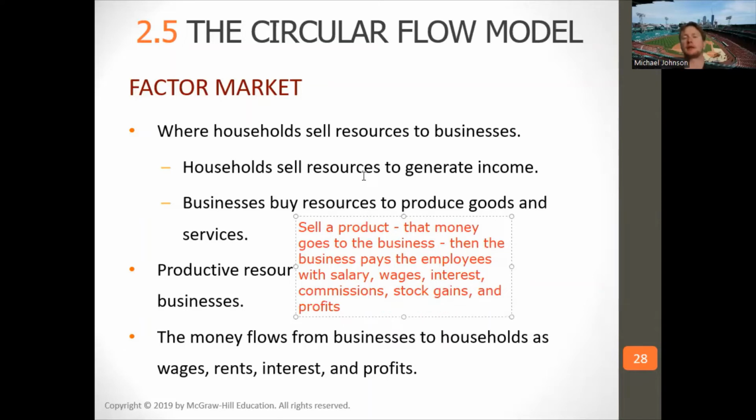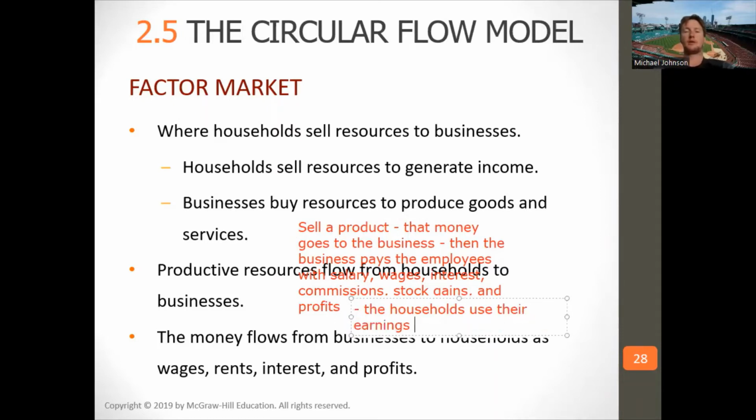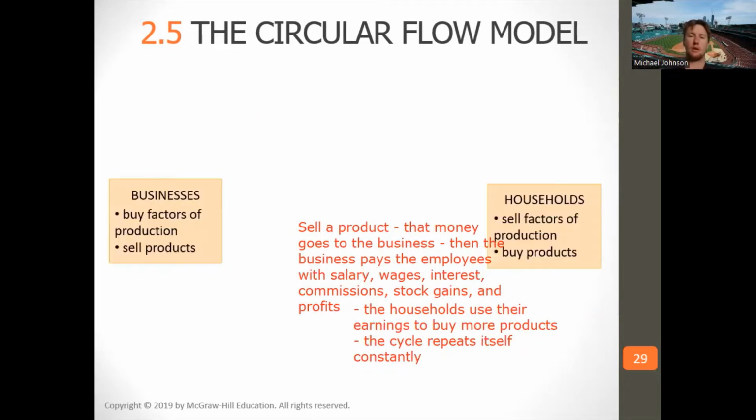So that's kind of how it works. And then it just repeats itself, where the households use their earnings to buy more products. The cycle repeats itself constantly. So this cycle just repeats itself over and over and over.